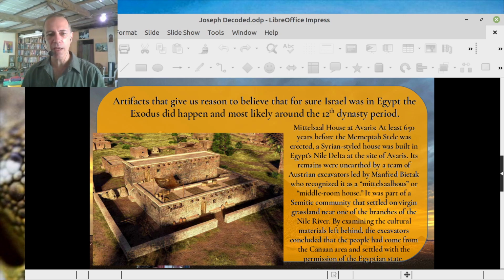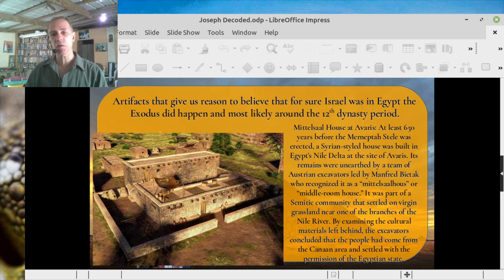And from all they know till today, the style of this house really is not an Egyptian style. It's really more of a Canaanite style, built out in the Syria type area.